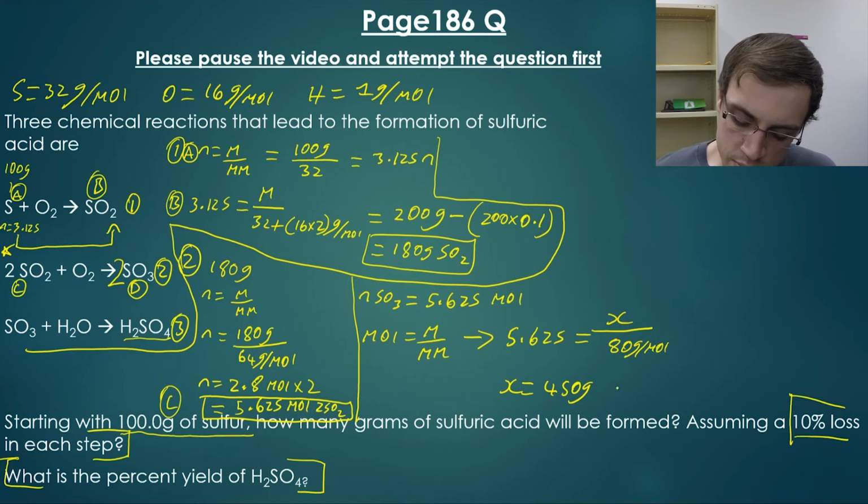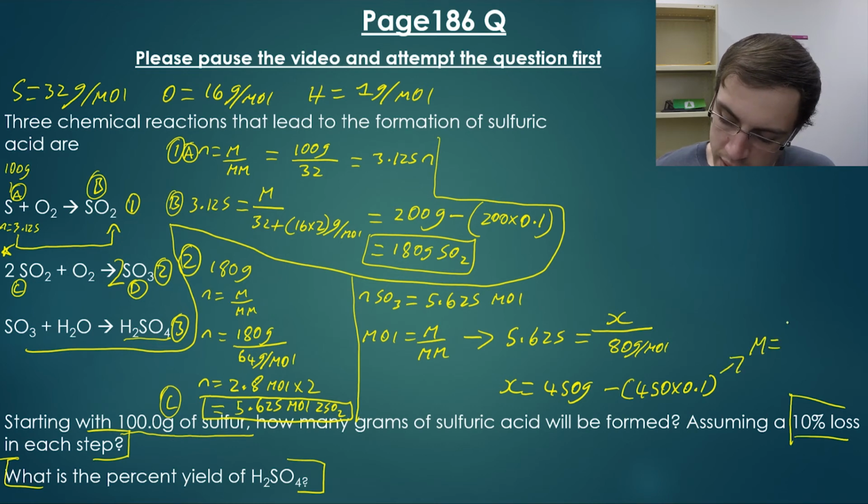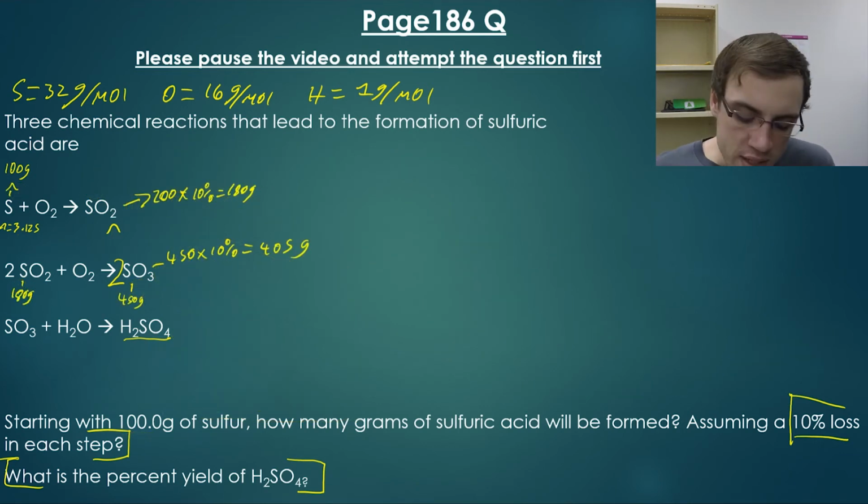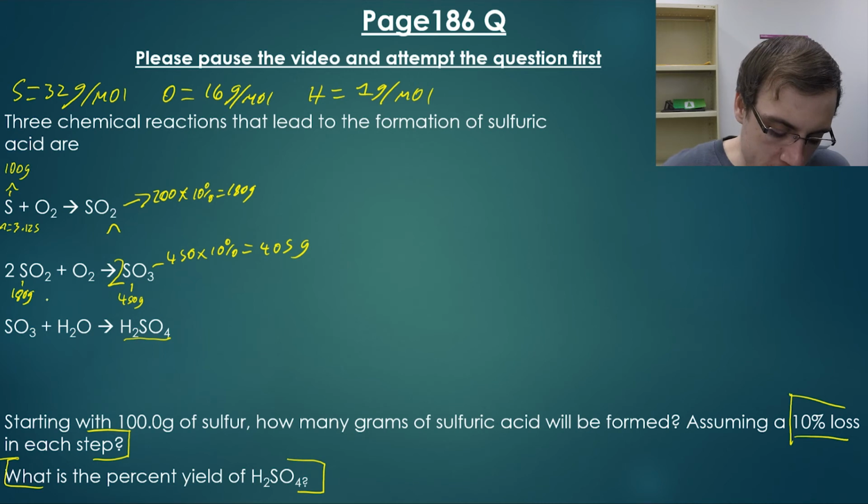So we're going to subtract 450 times 0.1, which means that our total mass is going to be 405 grams. Okay, so what I've done is I've just deleted all the working out because I was running out of room, unfortunately. So now we move on to our very last part here.